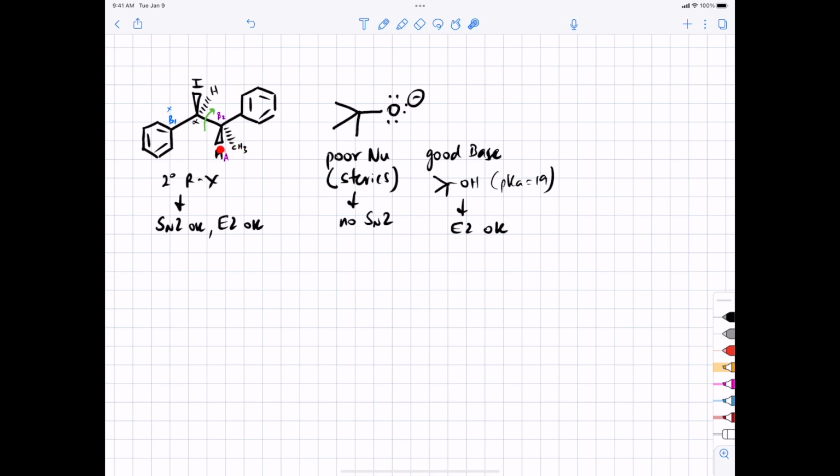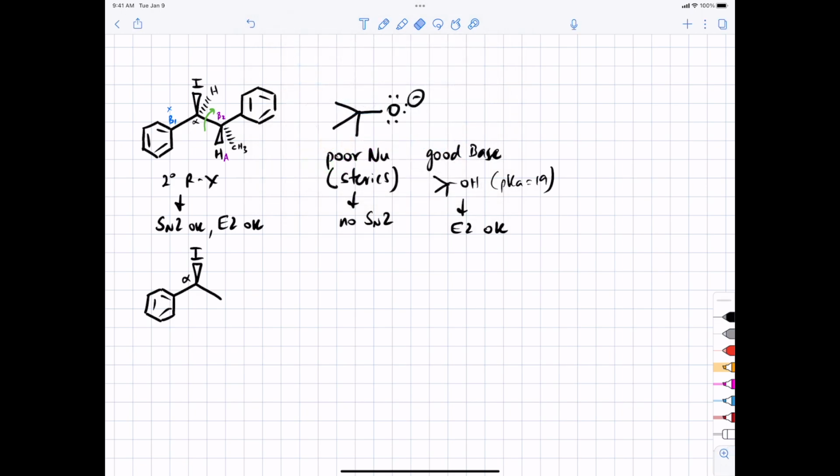And if we did that, then that beta proton A would be anti to the leaving group. So let me draw for you what I'm talking about. We're rotating around the carbon-carbon bond between alpha carbon and purple beta 2.